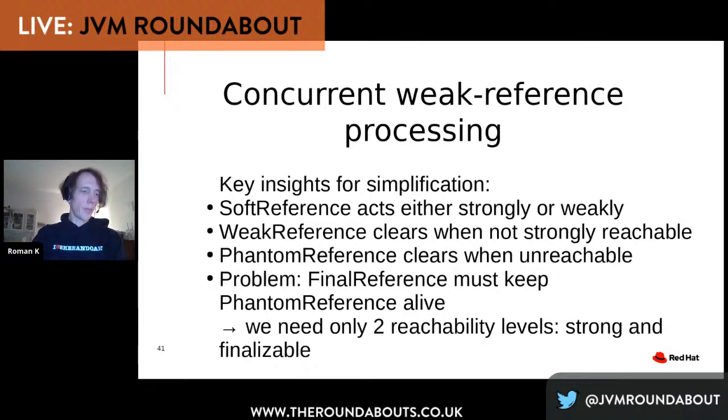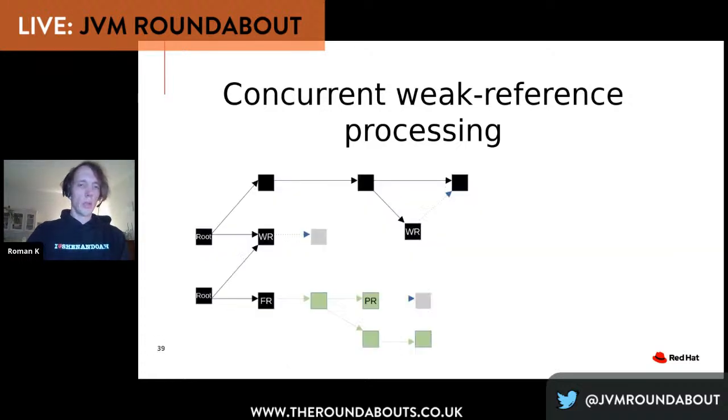with this insight, we can make the marking of this graph here completely concurrent. If we have not one marking bit, but two marking bits, one marking bit for strongly reachable and one marking bit for finalizable reachable, then we can make this marking process completely concurrent by switching the bit here.